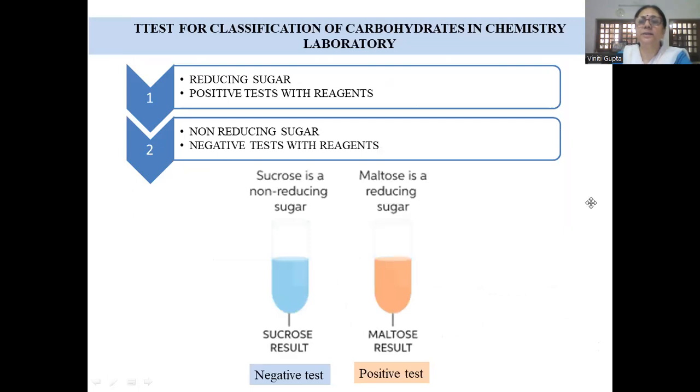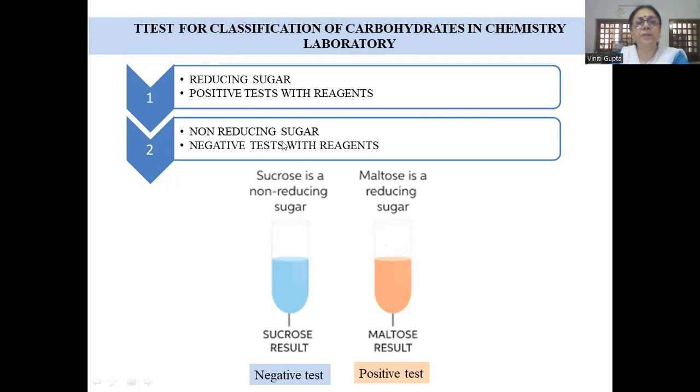Now in laboratories, we also perform a test for reducing and non-reducing sugar. We have Fehling solution, we have Benedict's solution, and we have Tollens reagent by which we can test reducing sugar. But the simplest is we use Fehling's or Benedict's. So reducing sugar gives positive test with these reagents. This is the positive test. The colorless solution, when we add copper sulfate and heat, becomes brick red in color.